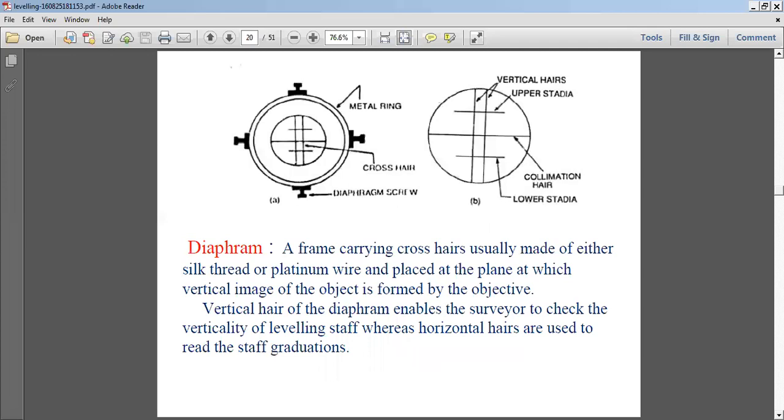Here you can see what you will see in the eyepiece or diaphragm: the upper stadia wire, the line of collimation, and the lower stadia. This is the frame, which is usually made of spider thread or platinum wire.